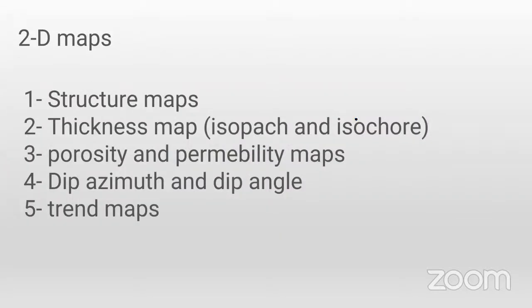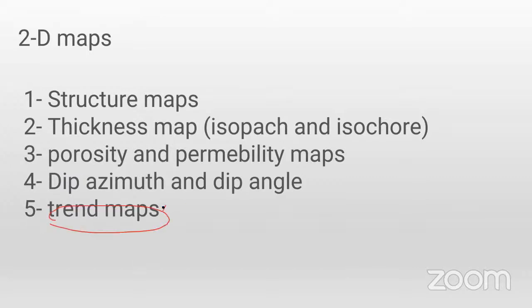Okay, right now let's have a brief discussion about the types of maps we use in reservoir modeling. We have different types of maps. Some of them I mention here: structure map, thickness map, isopach map and isocore, porosity and permeability map, dip azimuth and dip angle maps, and also trend map.